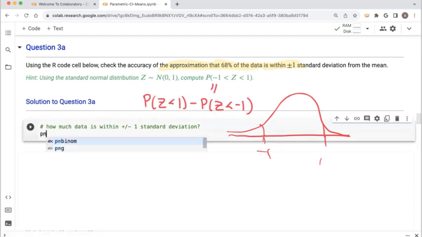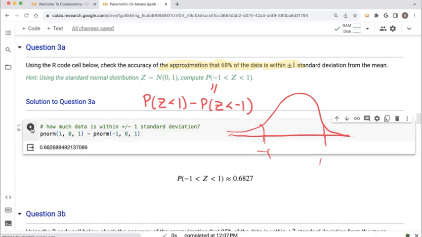And in R, I could use pnorm and take 1, I have a mean of 0 and a standard deviation of 1. And I'm going to subtract from that pnorm of -1, 0, and 1. And so for a standard normal distribution in R, I don't need to include these options for the mean and the standard deviation, but I will include them here just so it's clear that we're using the standard normal distribution.